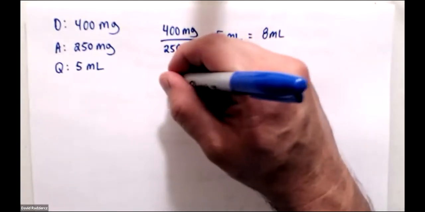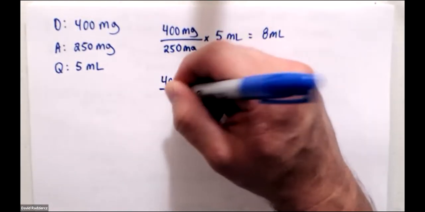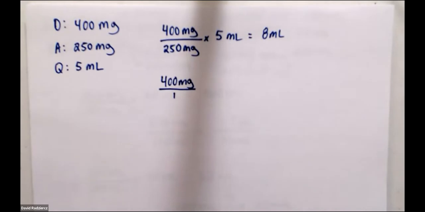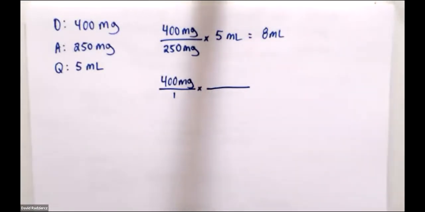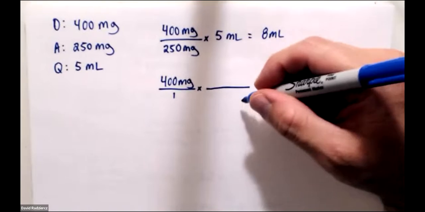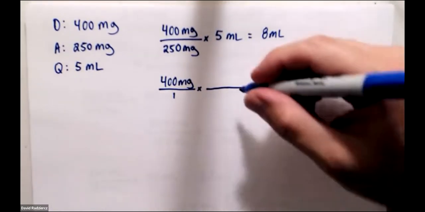If I were doing this with dimensional analysis, I personally like to start with the order still. Then I multiply by my conversion. When we deal with suspensions and oral suspensions, you're always looking for your milligrams per milliliter, because that tells you the concentration or the strength.